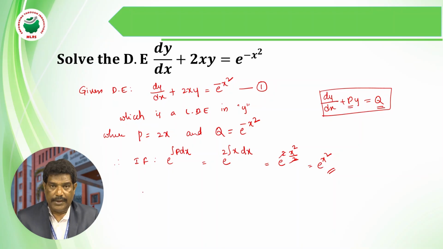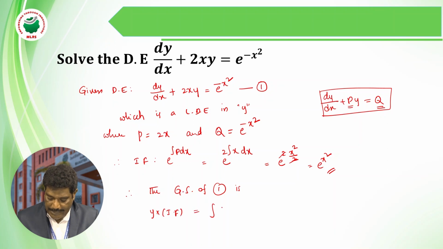After finding the integrating factor, next we need to find the general solution. So the general solution of 1 is y into integrating factor equals integration of q into integrating factor into dx plus c.